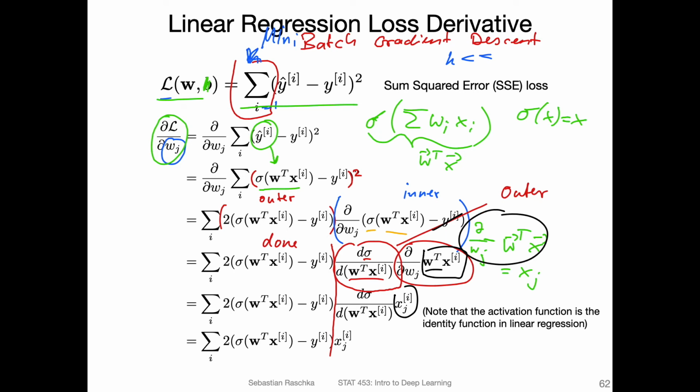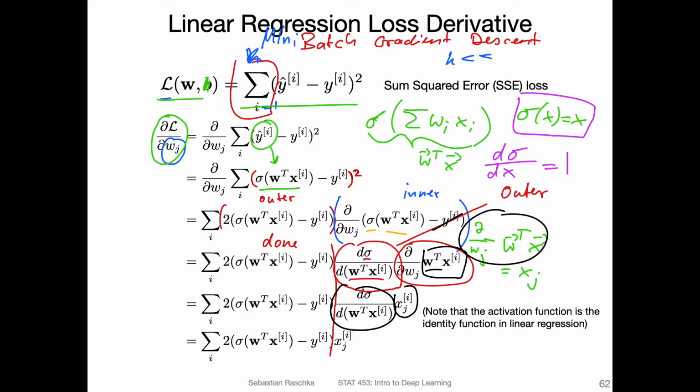Now we are still left with the outer derivative to do. If we compute that, the derivative of sigma with respect to its input is 1. Why is that? Because we have the identity function here, right? So let me write this down.